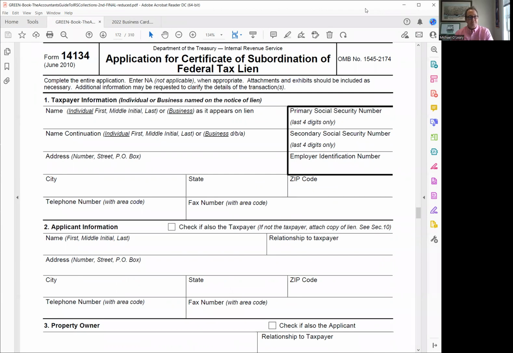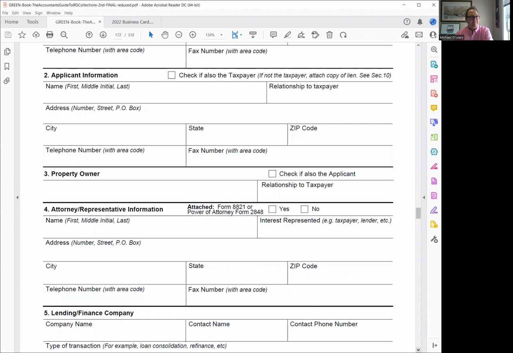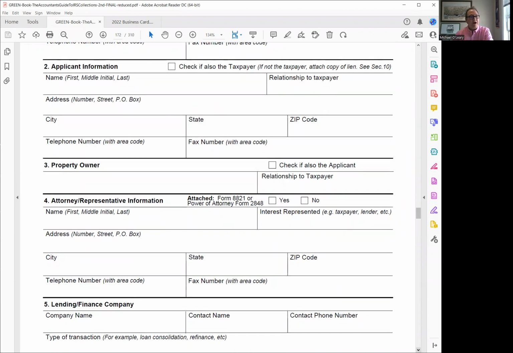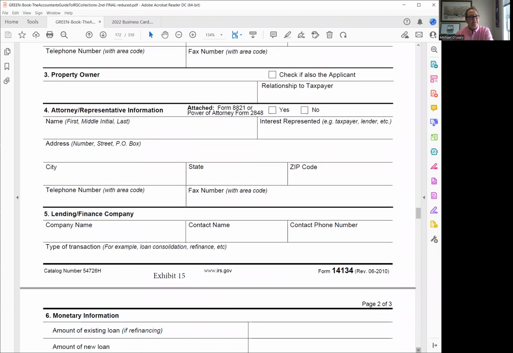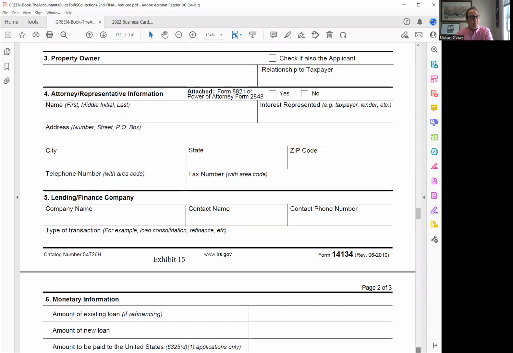And the information is very straightforward. I'm just going to walk you through this. So the first 3 parts typically are the same person: the taxpayer information, the applicant information, and the property owner. So if a property owner owns a home and has tax debts, it's the same person.